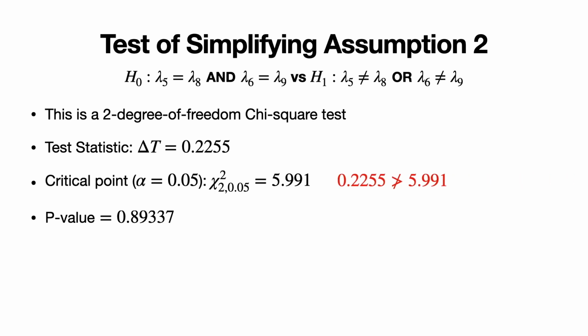and so we see that the test statistic, 0.2255, does not exceed our critical point, 5.991, and equivalently, the p-value for the test, 0.89337, is not less than or equal to the significance level used for the test, 0.05.